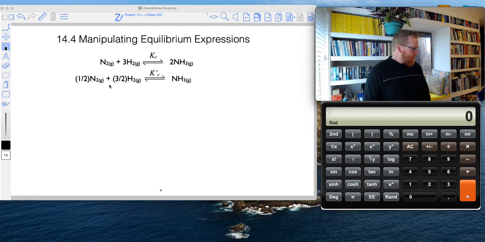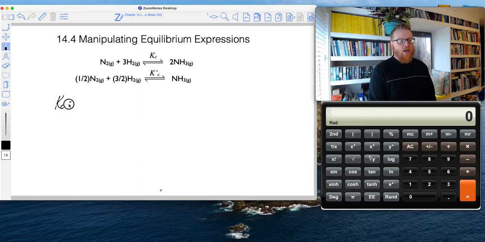Now I'm going to write this Kc. I'm going to write the equilibrium expression for the way I've written it up here on the top. That's going to be [NH3] squared, because I've got the 2, all divided by nitrogen raised to the first power times hydrogen raised to the third power.